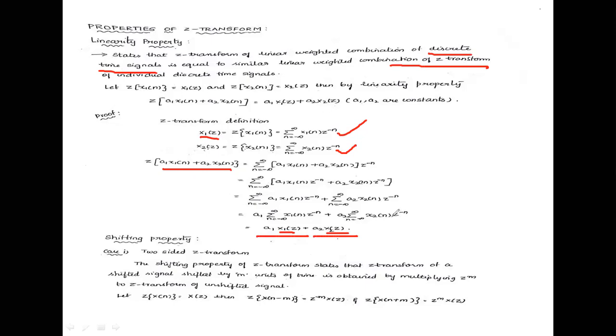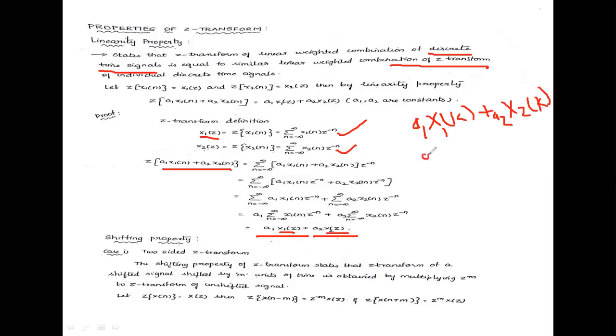Is there any confusion, my dear students? It is similar to the Fourier series and Fourier transform. For the Fourier series, X of k means x1 of k plus x2 of k with a1 and a2.